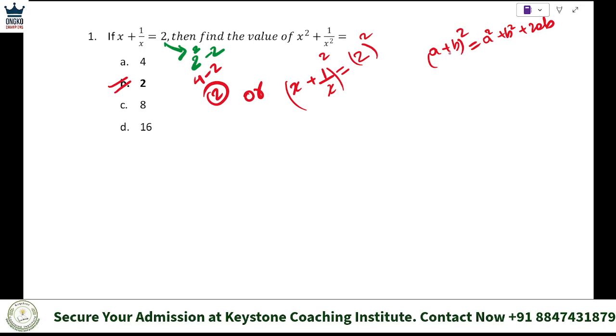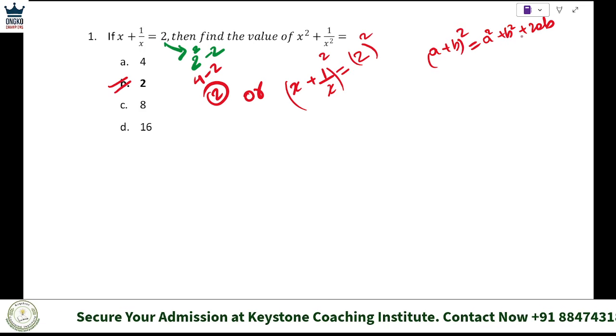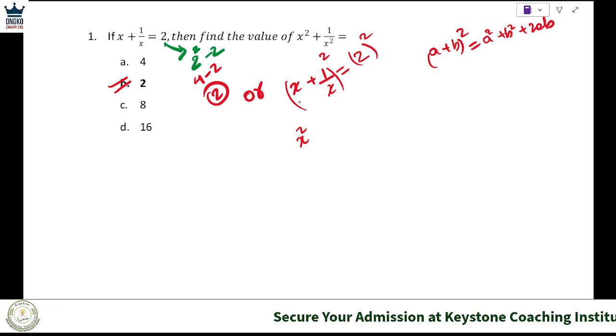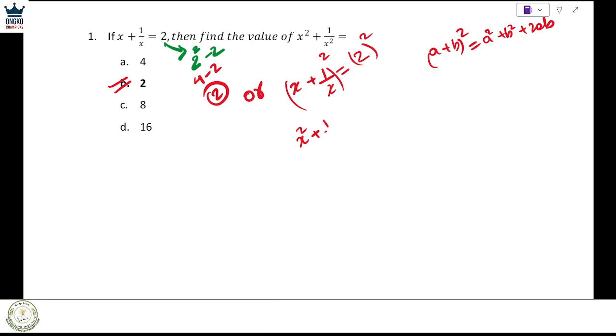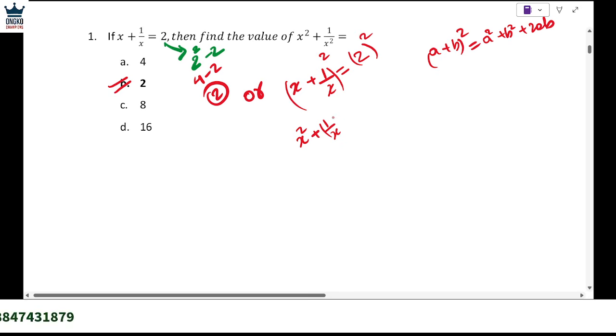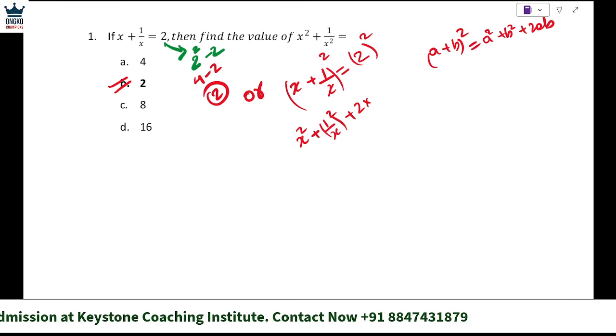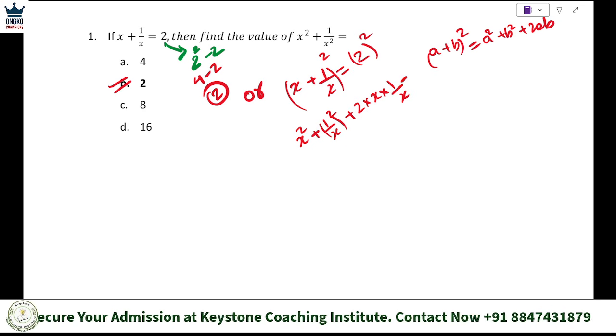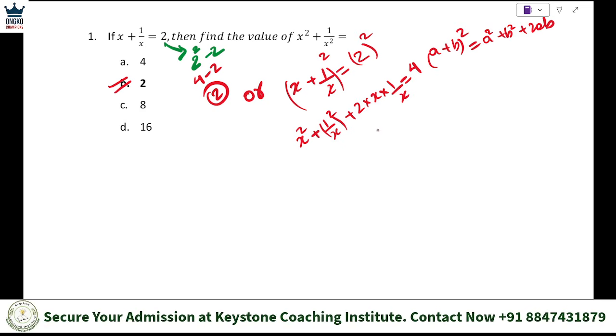Here a is x, b is 1 by x, so x square plus (1 by x) whole square plus 2 into x into 1 by x is equal to 2 square, which is 4.